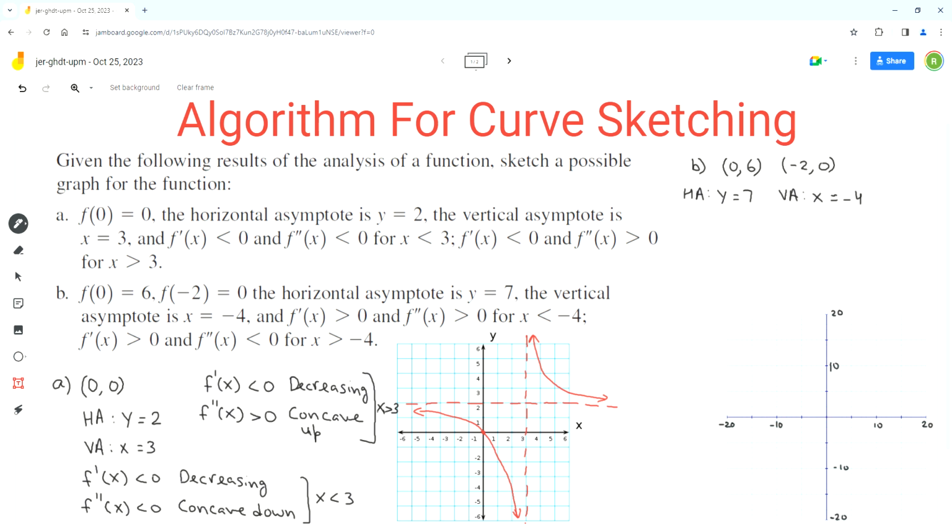And the first derivative is greater than 0, and the second derivative is greater than 0 for x less than negative 4. So when the first derivative is greater than 0, that means the function is increasing.